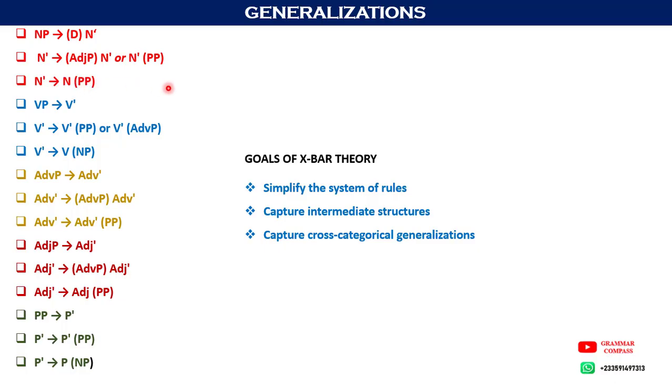The only rule that can repeat itself is the second rule, the adjunct rule, where you attach adjuncts to the bar levels. If there are many adjuncts, you will keep on attaching it to the bar levels until it is left with the complement, which stops the recursion. So take note of these generalizations.